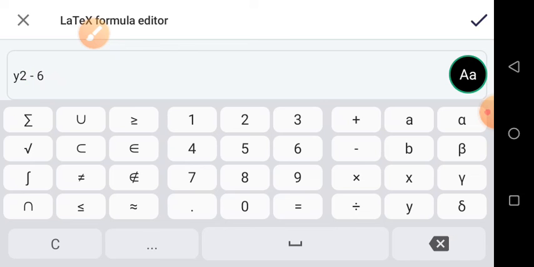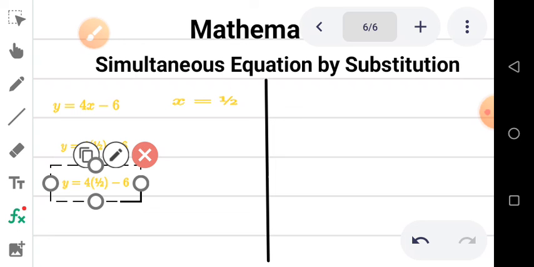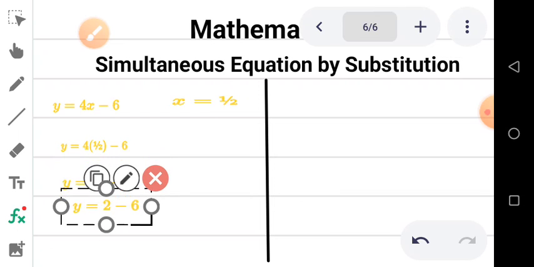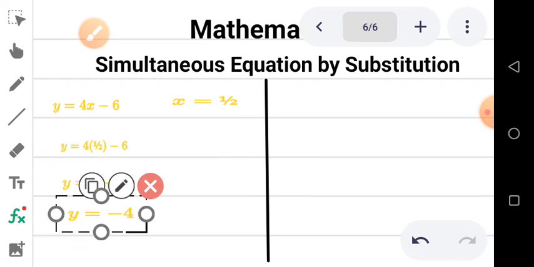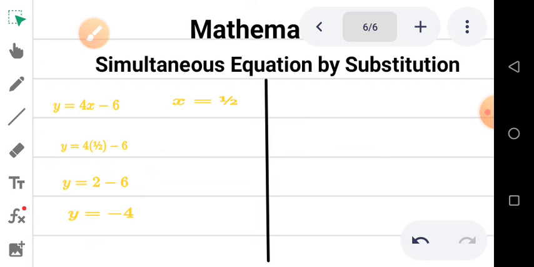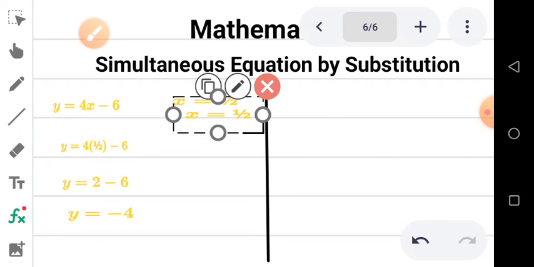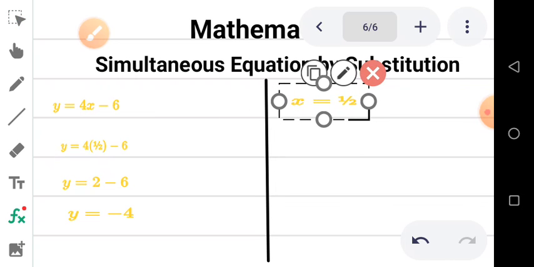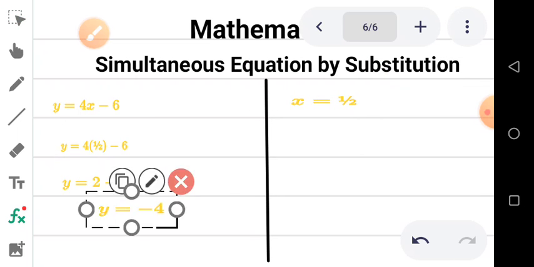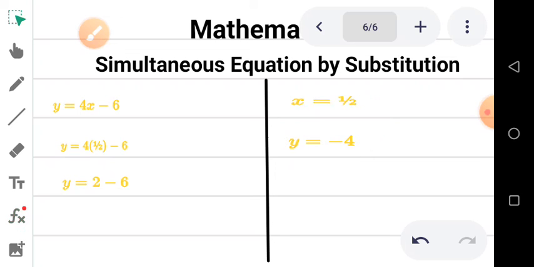So that gives us 2 minus 6, and 2 minus 6 is simply minus 4. So that's our answer. In that particular case, our x is equal to 1 over 2 and our y equals minus 4.